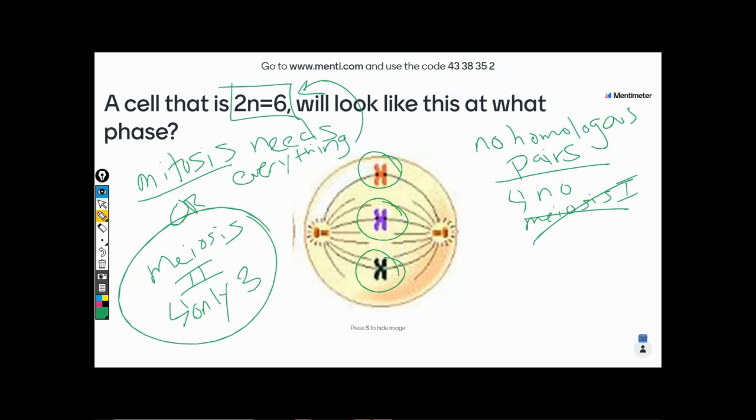Since there's not 6 chromosomes there, no, it's not that one. So there's only 3. 3 is half, which means I'm making that half a haploid. And my telophase here will make a haploid cell. That's meiosis 2.